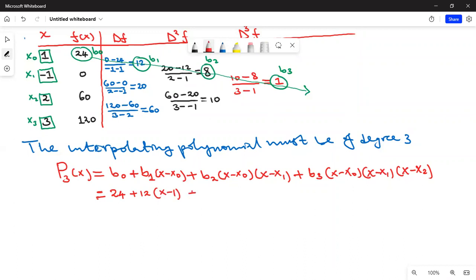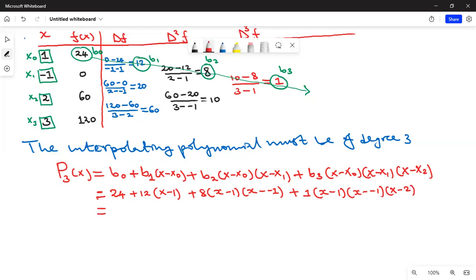Our B2 is 8, times x minus 1, then x minus x1, there was negative 1, that would be x plus 1. Our B3 is 1, times x minus x0, our x0 is 1, x minus x1 is x plus 1, x minus x2 is x minus 2.